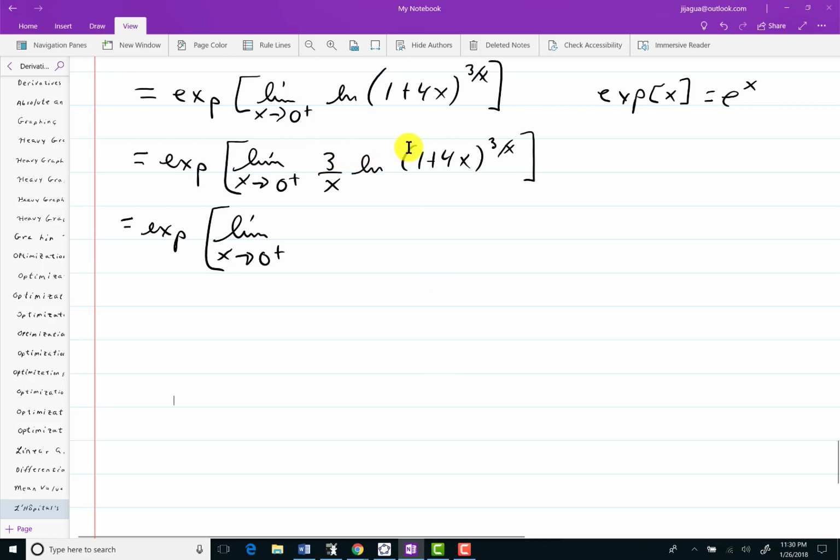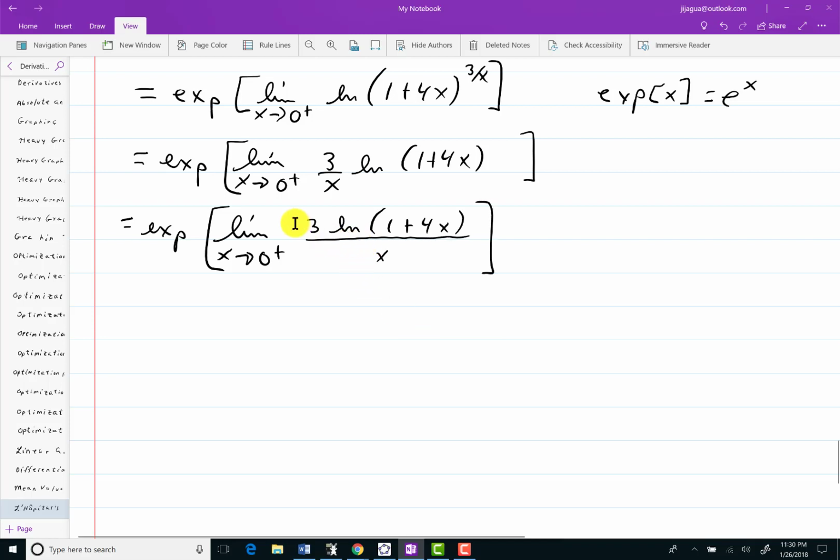What I'm going to do here is rewrite this part of it as 3 ln(1 plus 4x) divided by x.